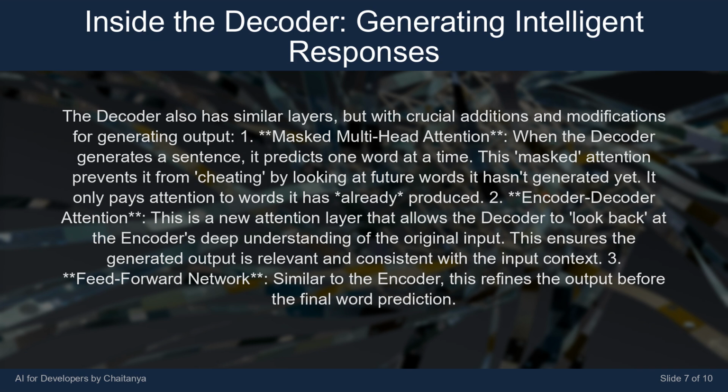This is a new attention layer that allows the decoder to look back at the encoder's deep understanding of the original input. This ensures the generated output is relevant and consistent with the input context. 3. Feed-forward network. Similar to the encoder, this refines the output before the final word prediction.